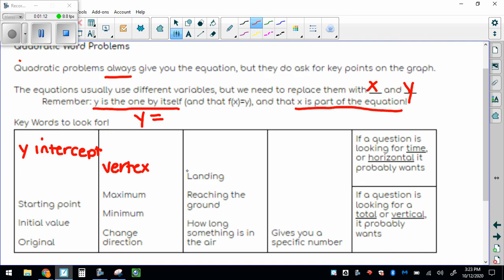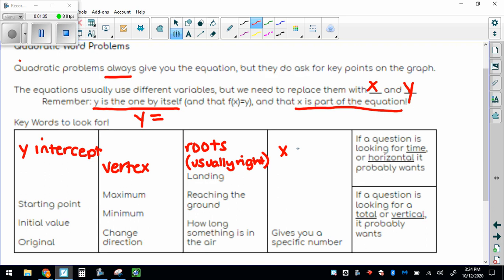All right, anything that's talking about landing, reaching the ground, or asking how long something is in the air is asking for one of the roots. And as a hint, it's usually the one on the right. Because landing, everything usually happens from left to right, so anything that lands is probably on the right-hand side.